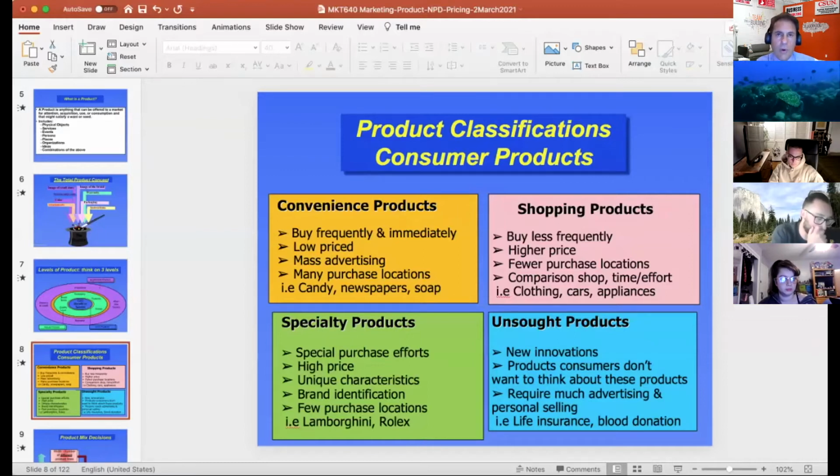But then there's the larger group of unsought products, which are the products that you don't think about because you don't know much or you haven't heard about them. So it'd be like a surfboard for someone who lives in Utah. People in Utah don't have an urge to buy surfboards because it's unnecessary there.